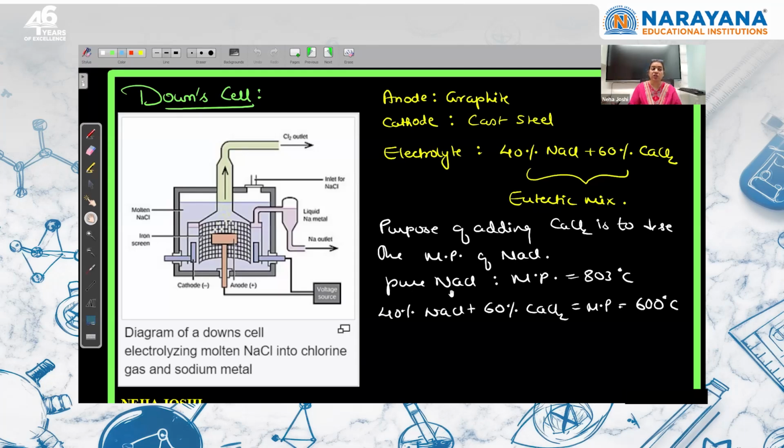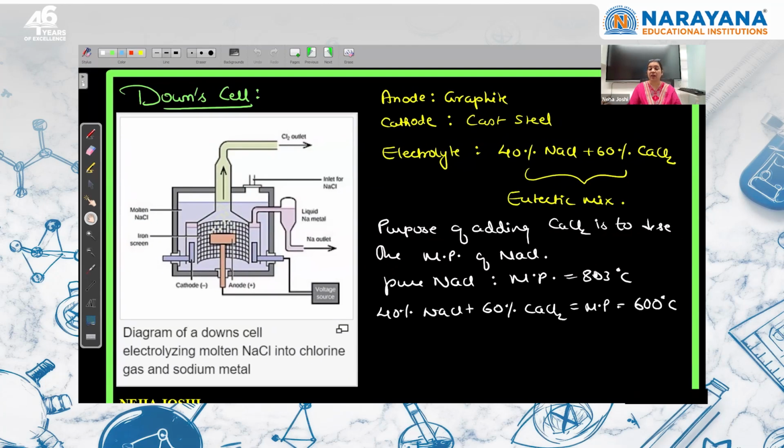But what happens if you take pure NaCl? It melts at 803 degrees centigrade. Now, in an industrial setup, you would have to maintain a temperature of 803 degrees centigrade in the cell, with chlorine gas formed somewhere and sodium metal formed somewhere, and temperatures so high.